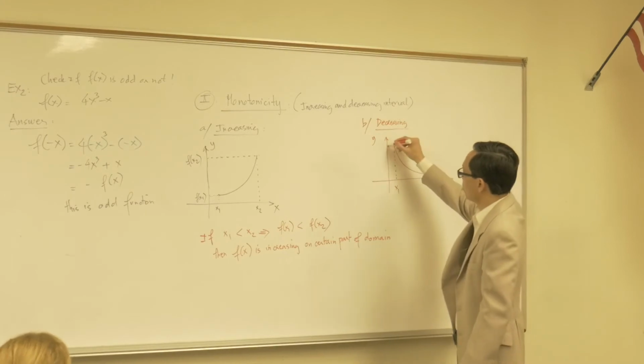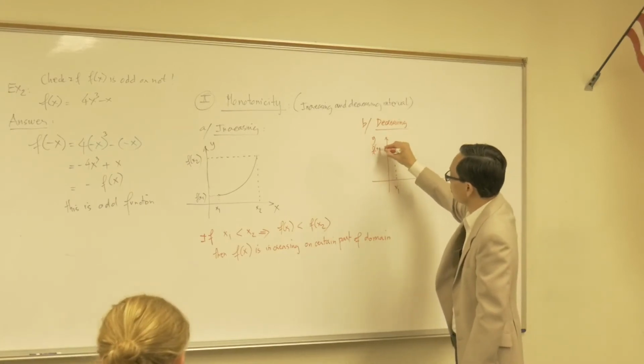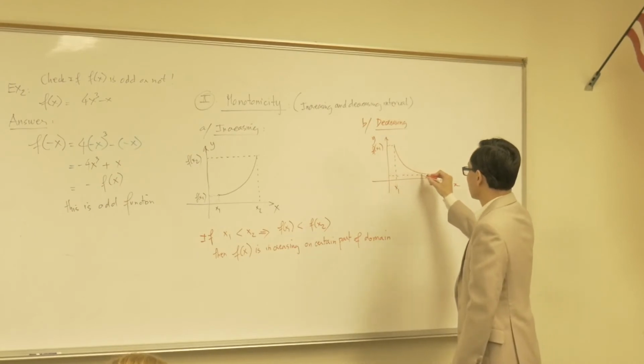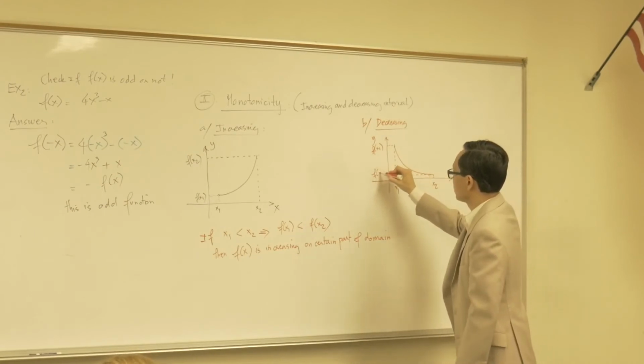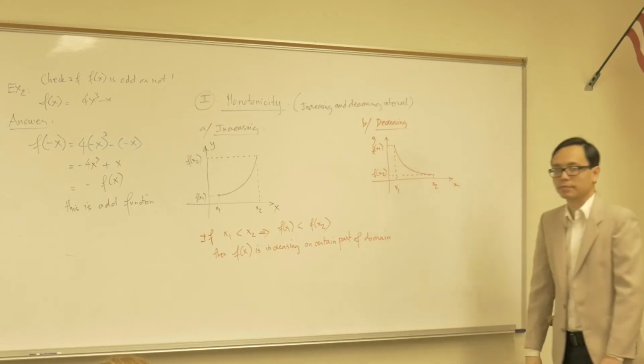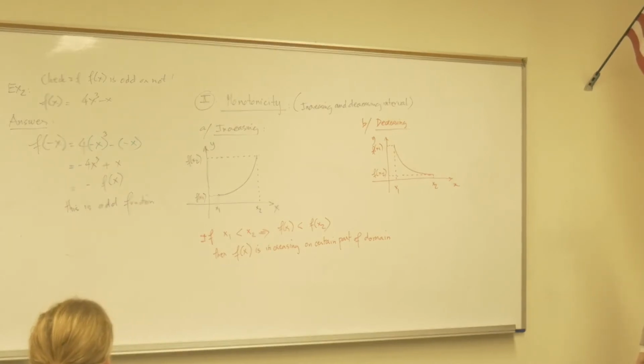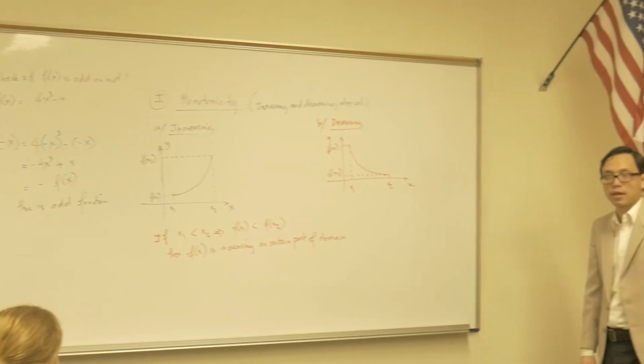And the output here is f(x1). And the output here is f(x2). Again, if you compare x1 and x2, I know x2 is greater, right? And if you compare f(x1) and f(x2), f(x1) is greater.